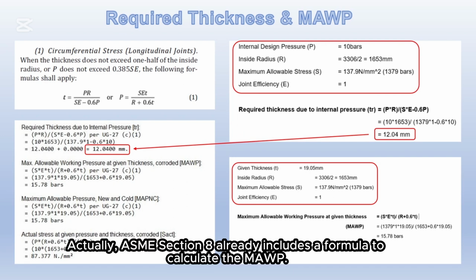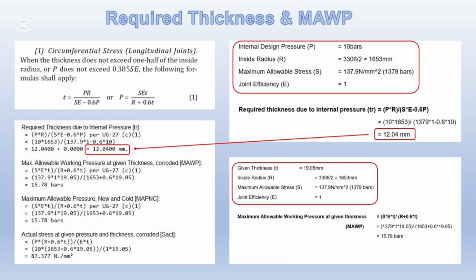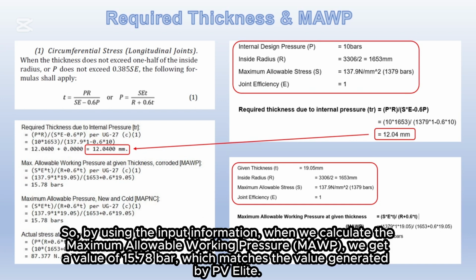Actually, ASME Section 8 already includes a formula to calculate the MAWP, P equals S E T over R plus 0.6 T. So, by using the input information, when we calculate the maximum allowable working pressure, MAWP, we get a value of 15.78 bars, which matches the value generated by PV Elite.